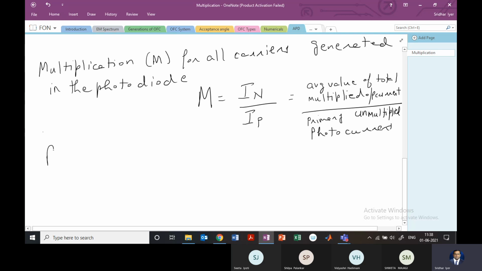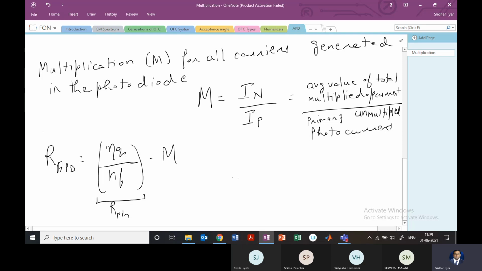So if we take the pin diode and compare it with the APD, then the responsivity of the APD is eta q divided by hf, which is the responsivity of the pin diode. So let me write that here. This is the responsivity of the pin diode, eta q divided by hf. This will now just be multiplied by M for the APD, right?